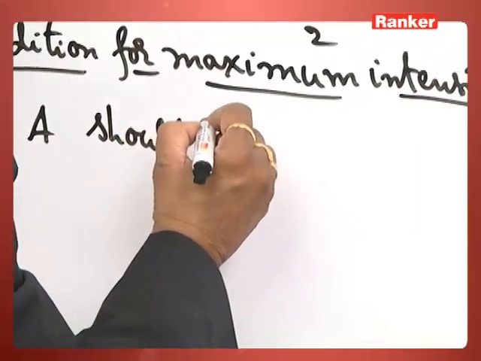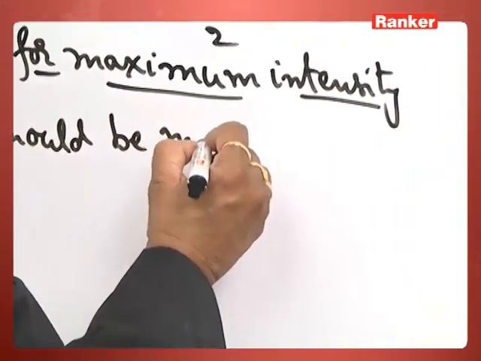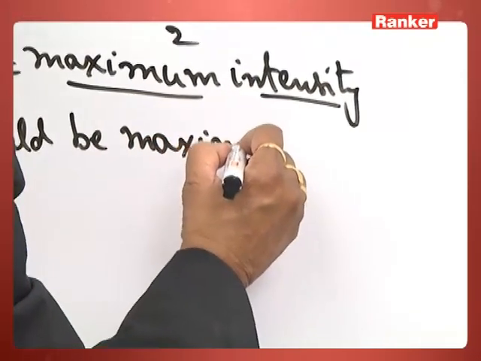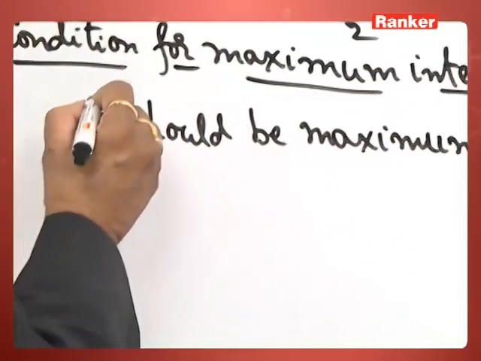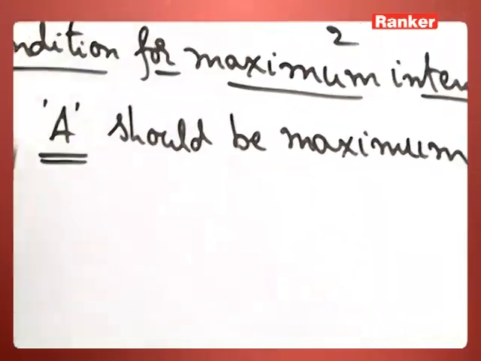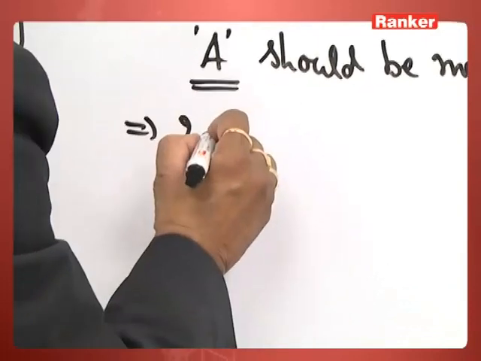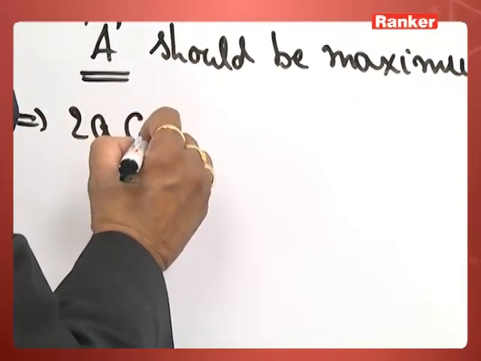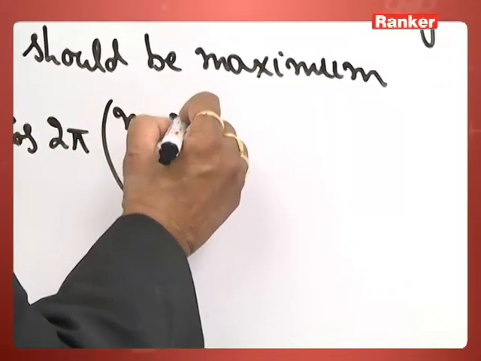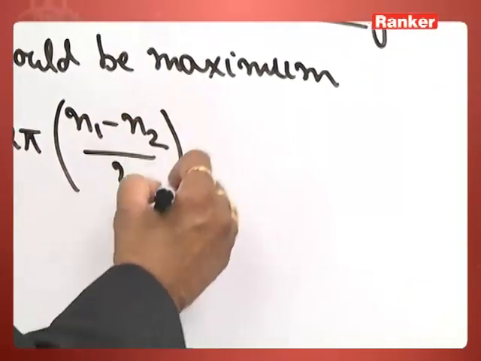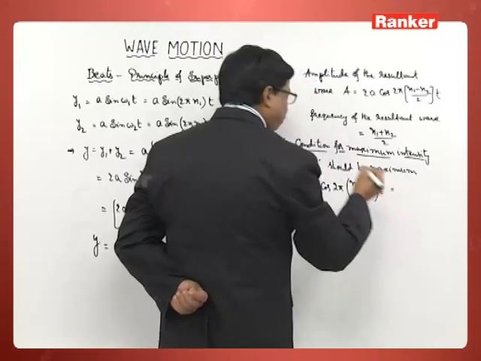That is the condition. What do you mean by A maximum? That is, amplitude should be maximum. Amplitude should be maximum means what we can understand? 2A cos of 2 pi into n1 minus n2 by 2 into t must be maximum.